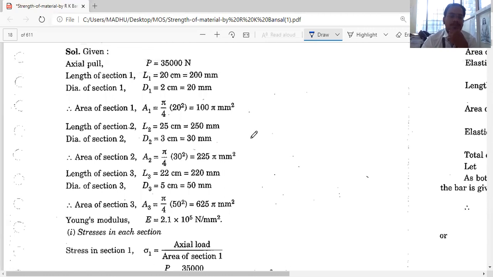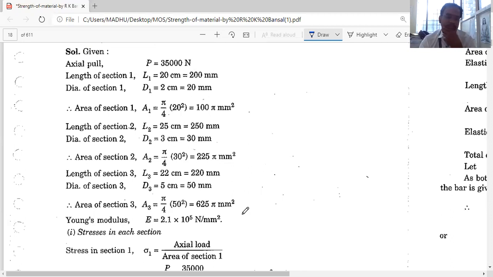See here, the load is always 35,000 Newton. In all sections, 35,000 load is acting. L1 is 200 mm, D1 is 20 mm, area 1 is 100 pi mm square. L2, D2, A2. A2 is calculated here. L3, D3, A3. Next, Young's modulus is 2.1 into 10 power 5 Newton per mm square.